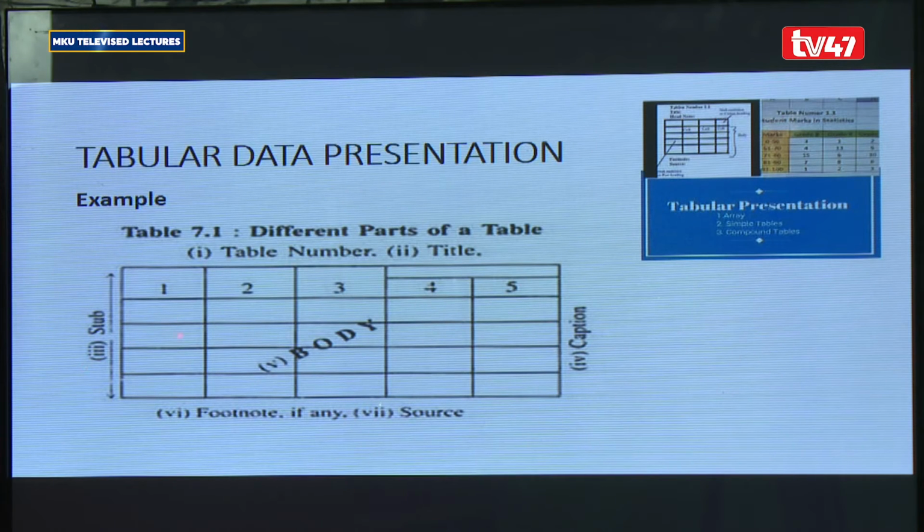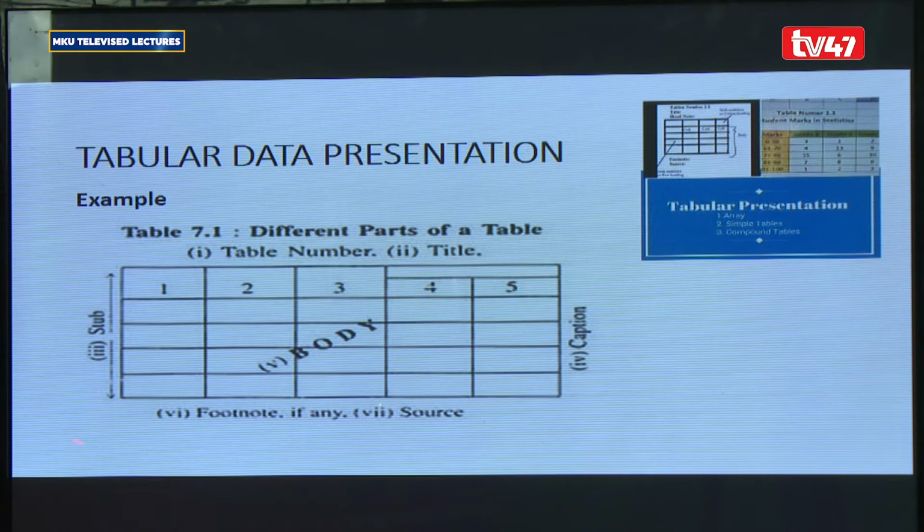And then we have what we call the stub here. This is the one that describes what is found in each of these columns. And then we have the caption as the other part of the table, which describes what is presented in each of these rows.